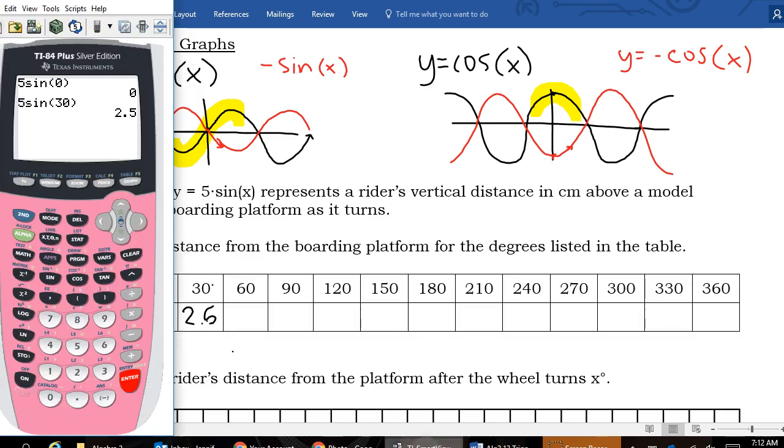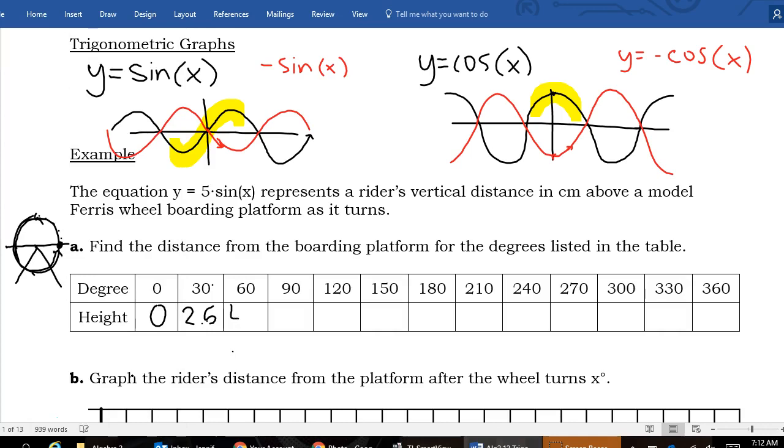I'm going to sub 60, 5 sine 60, and as I keep substituting these values in, I'm seeing 0 at the start here, and then after a 30-degree rotation we are 2.5 above the platform, and at a 60-degree rotation we're 4.33 above the platform.